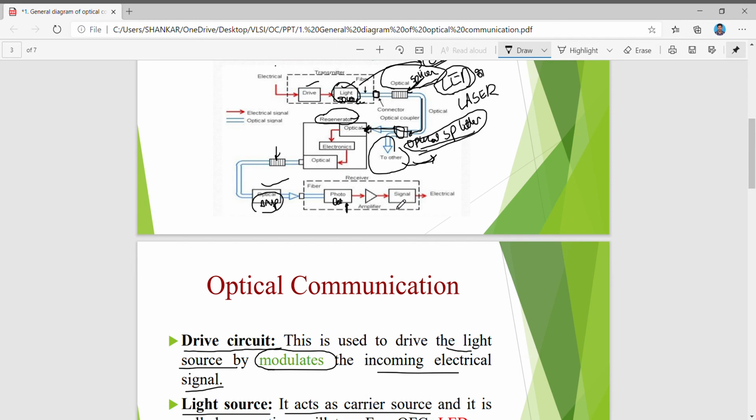Again that signal is applied to the signal restorer, which restores the signal, and finally we get the original signal, that is the electrical signal we applied at the transmitter section. In the transmitter section our incoming signal is the electrical signal, and at the receiver we receive the electrical signal. This is the process inside the optical fiber cable.